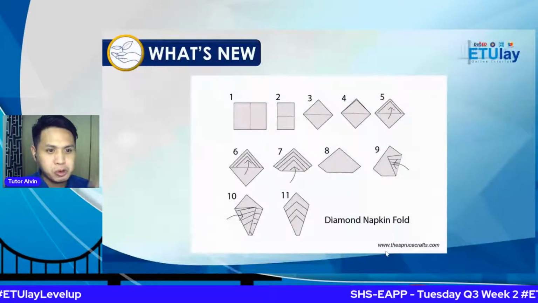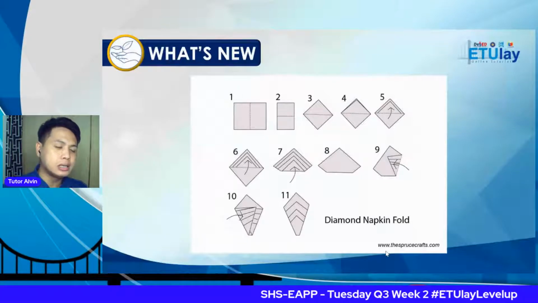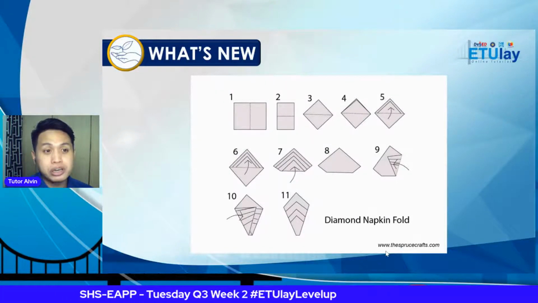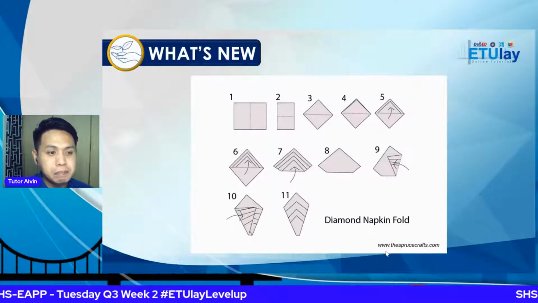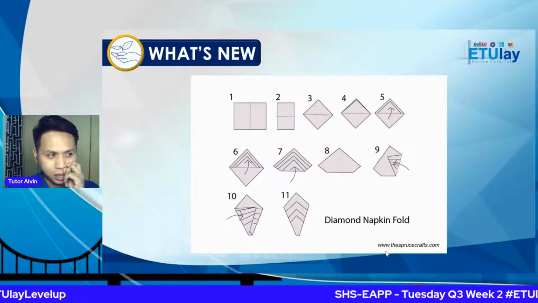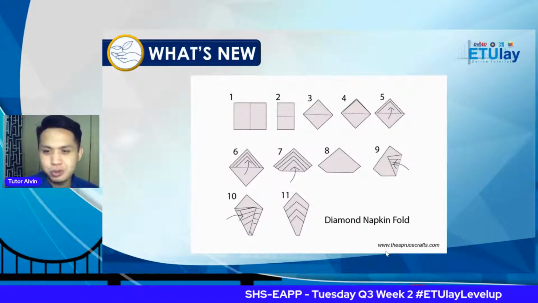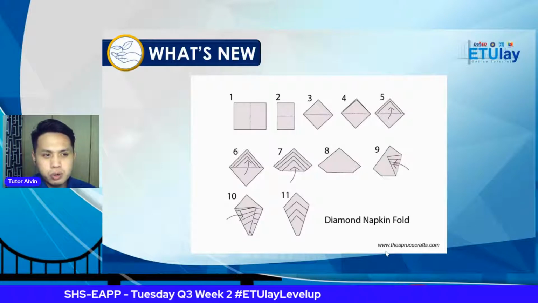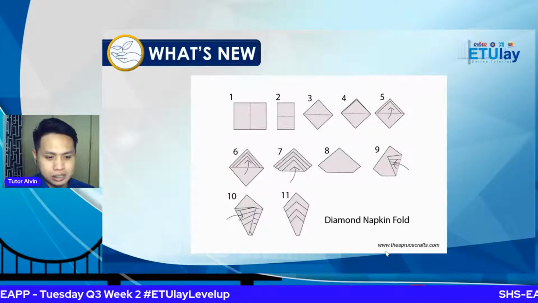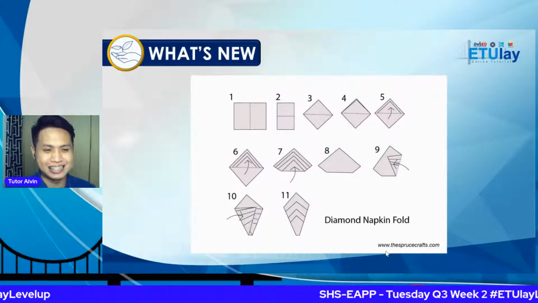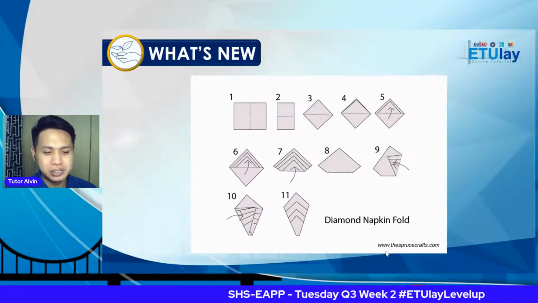To our TVL students, especially those who are taking or have taken food and beverage services, or FBS, the table napkin. Our students are very good in this skill. But then, what can you observe in the picture being presented? What does it show?